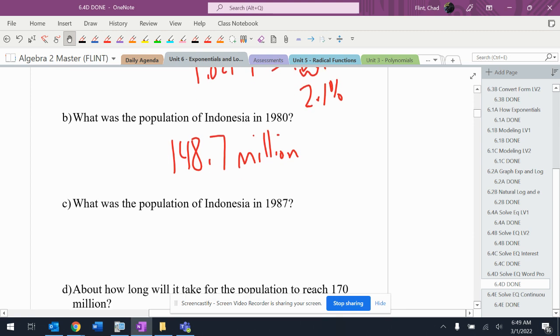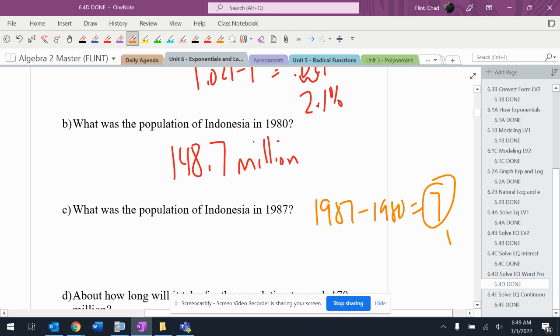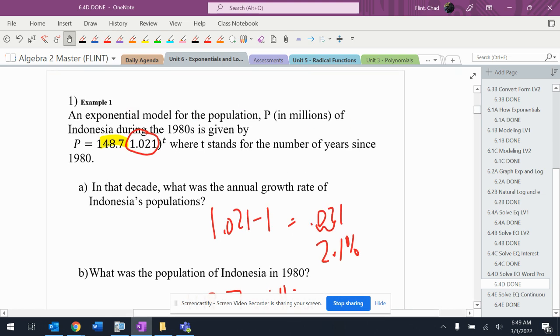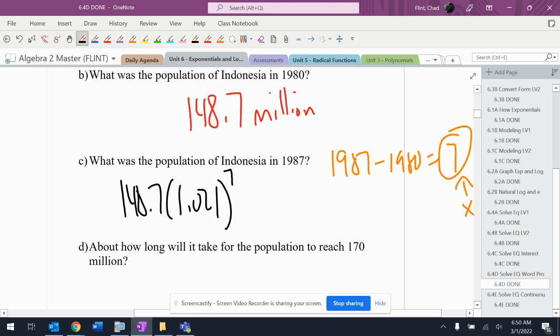What was the population of Indonesia in 1987? So for 1987, we do not enter 1987 into the formula. 1987 minus 1980 is 7. So 7 is going to be my X or my T or my N or whatever I want to call it. So it's going to be 148.7 times 1.021 to the 7th.